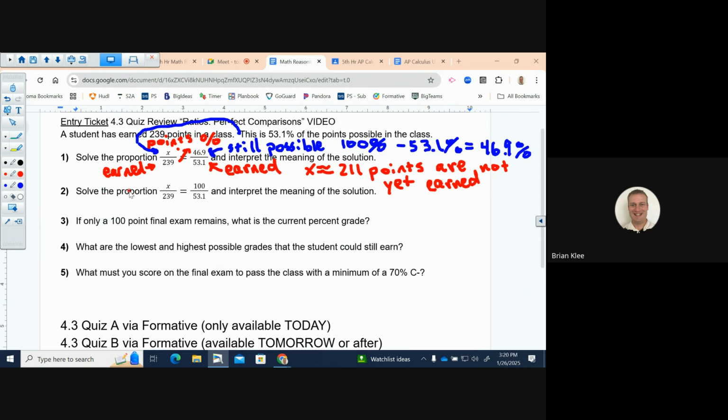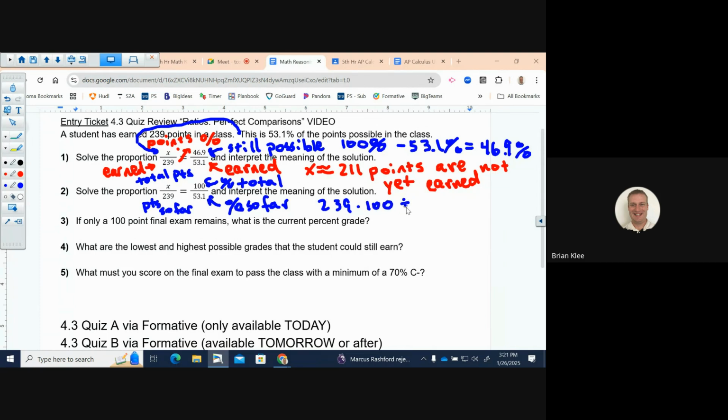When we get to number 2, now 100%, this would be the total percent possible, which means this would be the total points. That's what X would be. This is the points so far. And this is the percent up to that point. So again, we're going to take a calculator. We're going to do 239 cross multiply by 100.